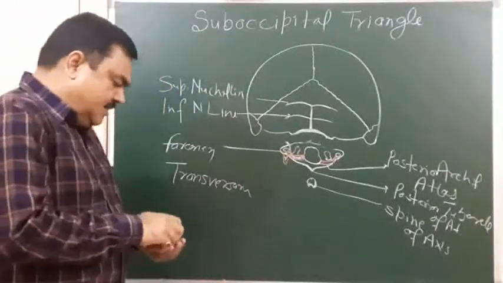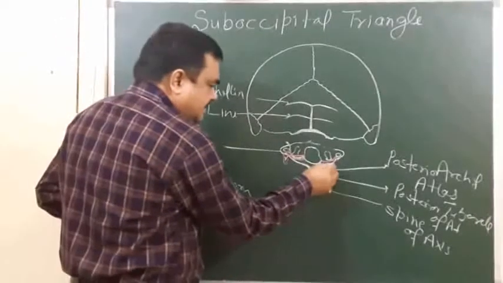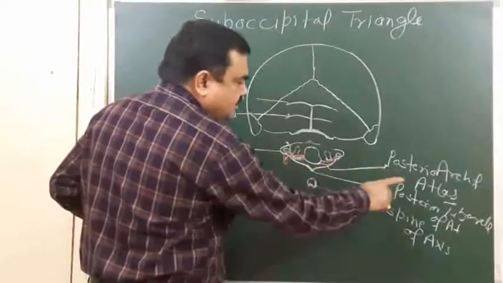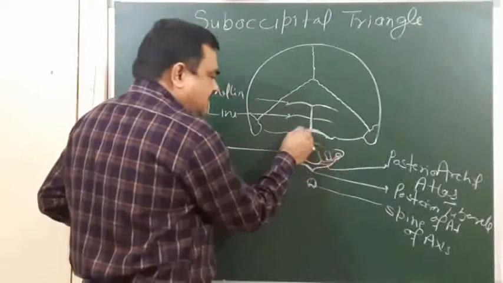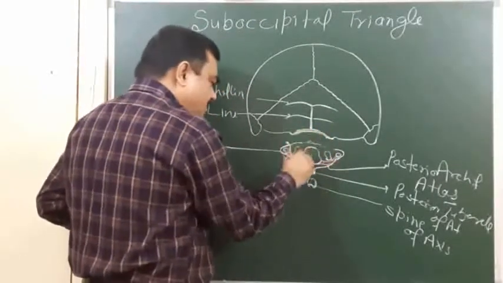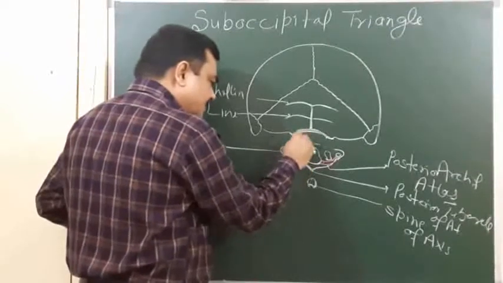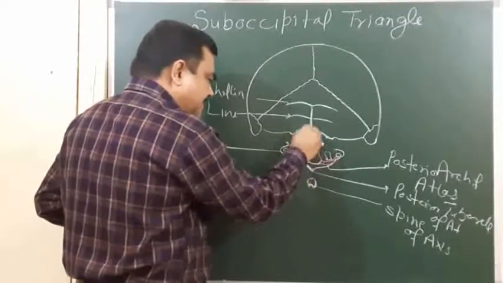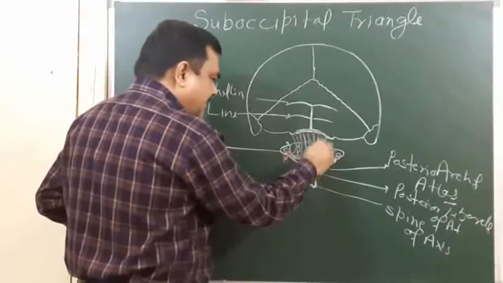And another important thing: this is the posterior arch of the atlas, and this is the posterior margin of the foramen magnum. From here to here, a membrane is present.